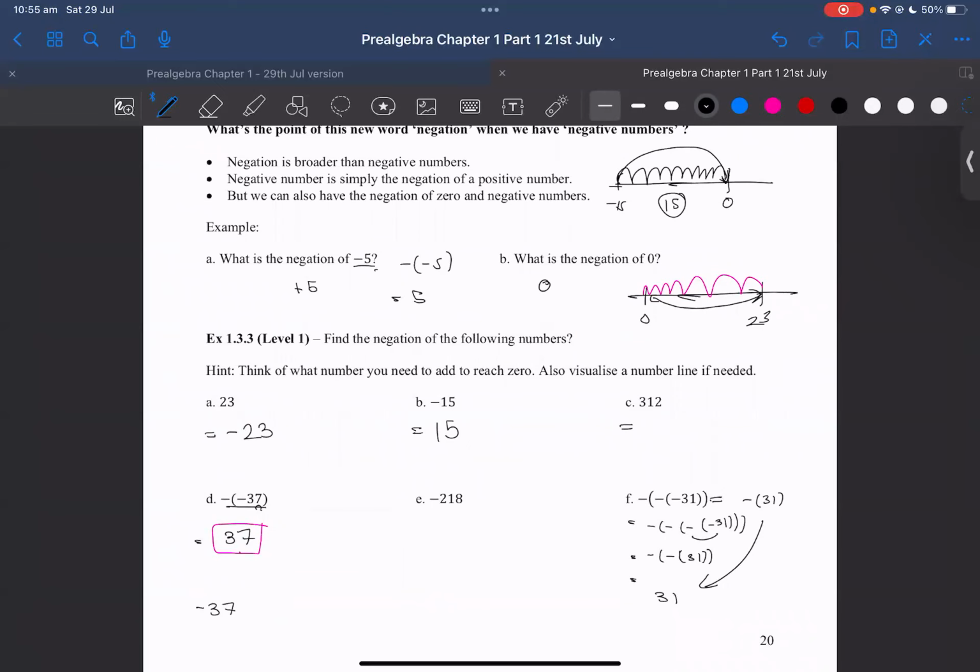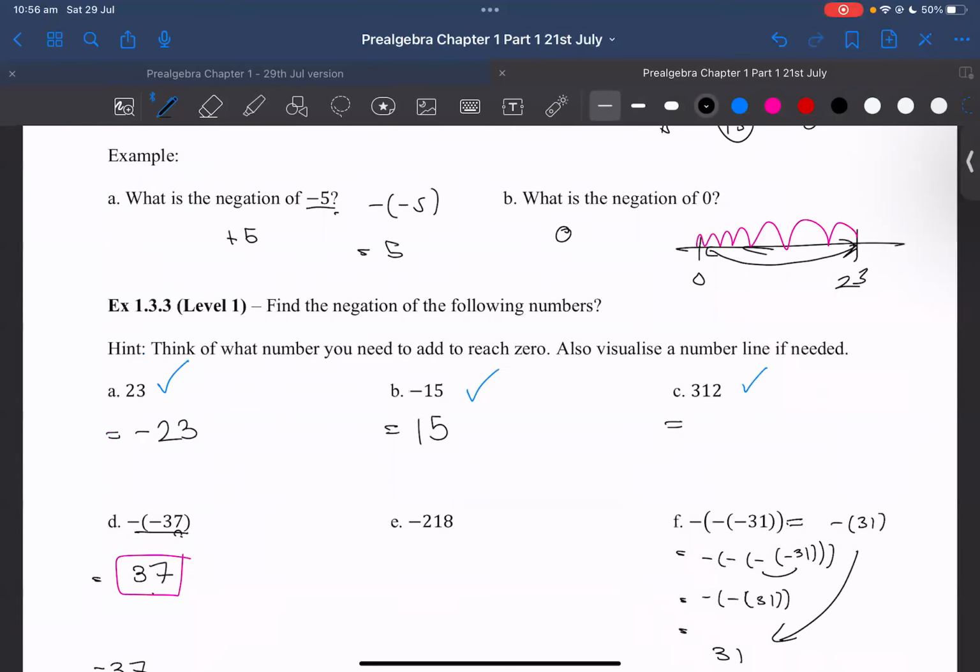What's the negative version of 312, Ryan? Look, the negation of 23 is negative 23. It's the negative version, basically. The negation of negative 15 is the opposite version, which is 15. So what's the negation of 312 going to be? Negative 312. If you add negative 312 to 312, it cancels out and they end up being 0.